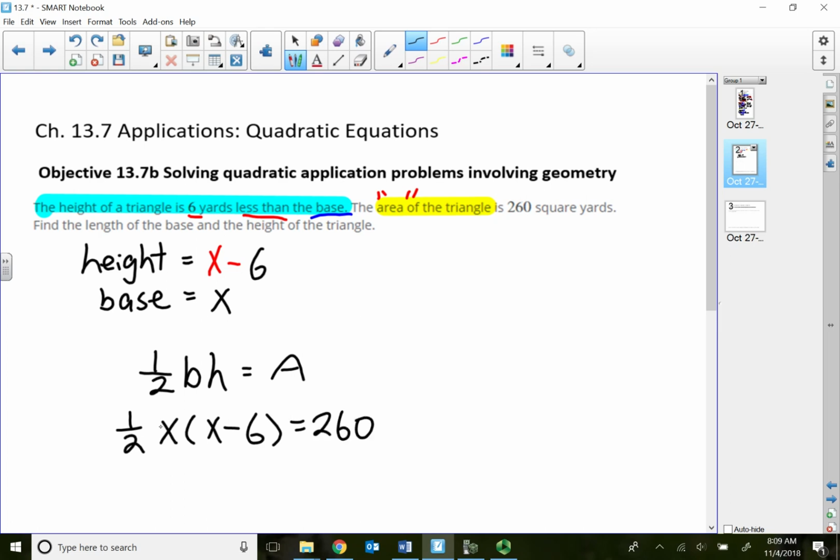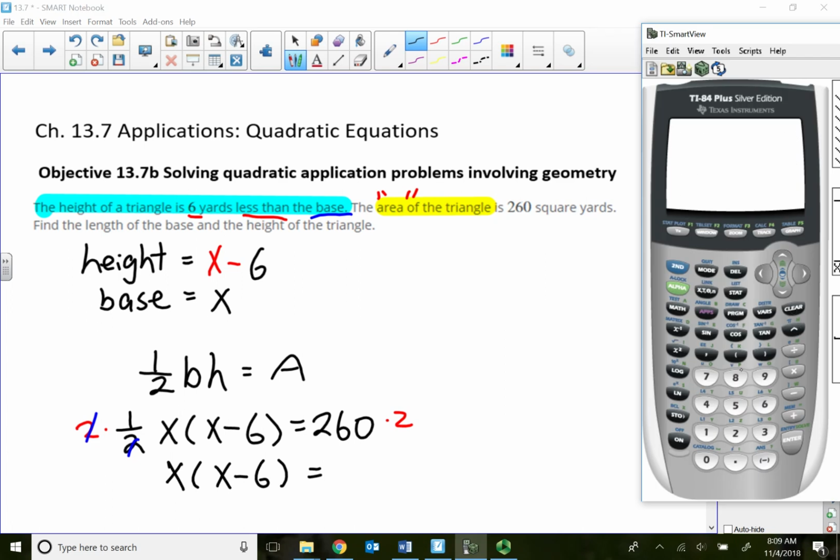Since I only got two terms, I want to get rid of this half, so I'm going to multiply both sides by 2. The half will cancel out, so the left side will just be x times x minus 6 equal to 2 times 260.